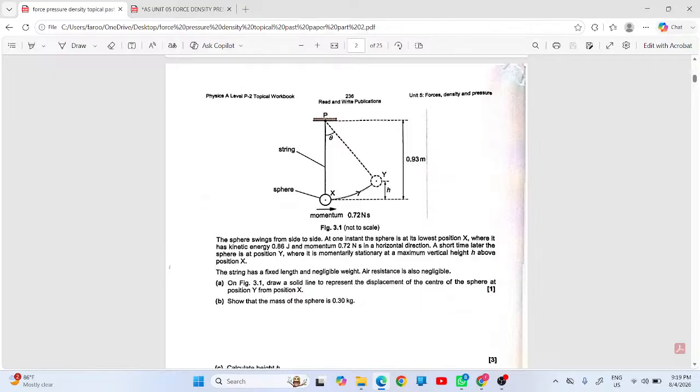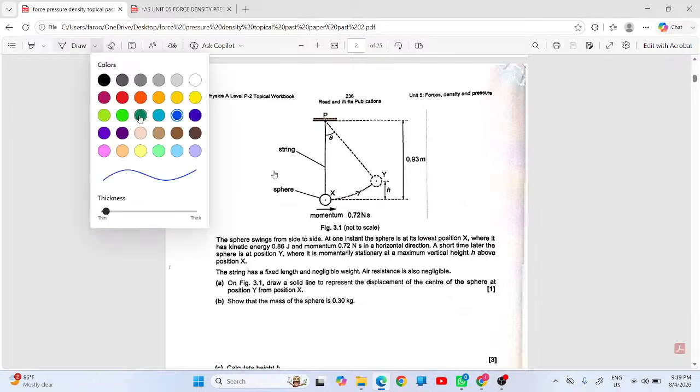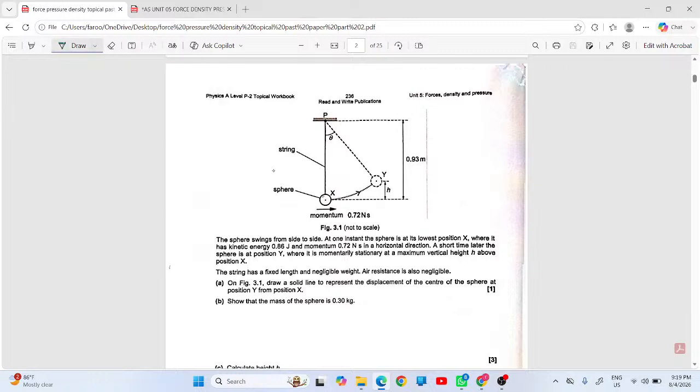So displacement क्या होता है? The shortest distance. तो हम क्या करते हैं? We have to draw a straight line from x to y. So this one, the green line, is representing the displacement.